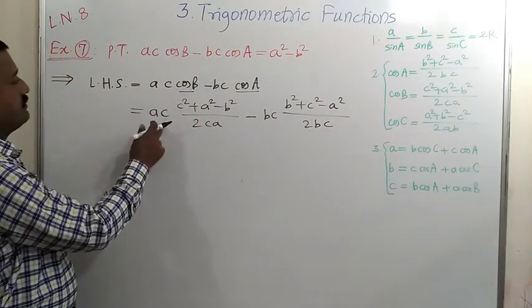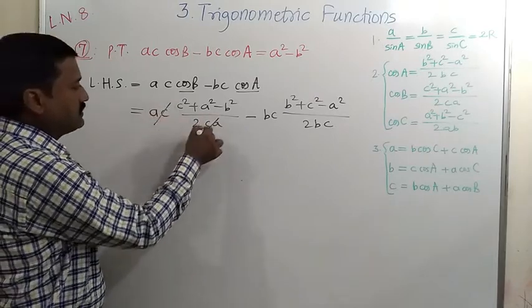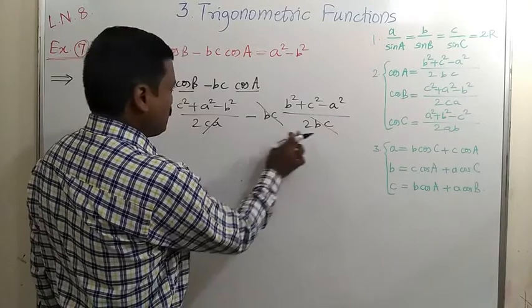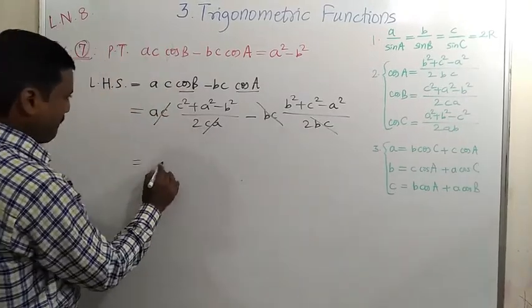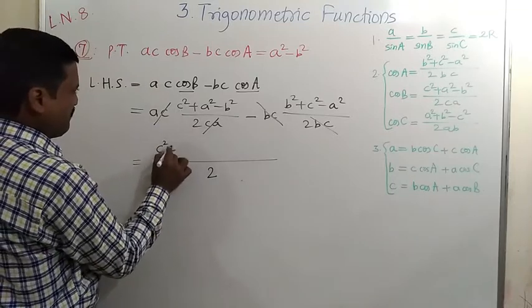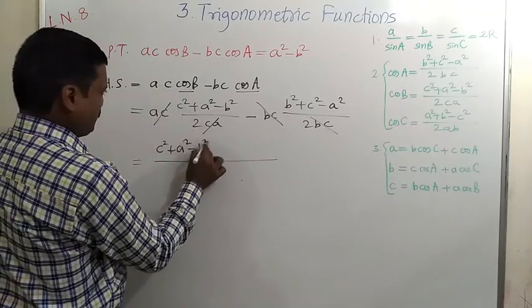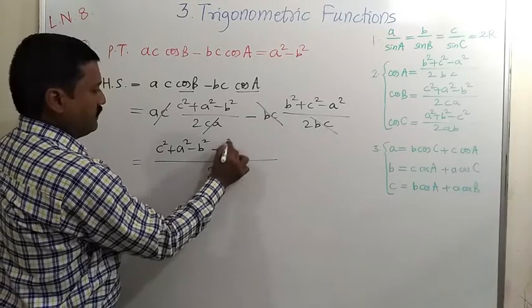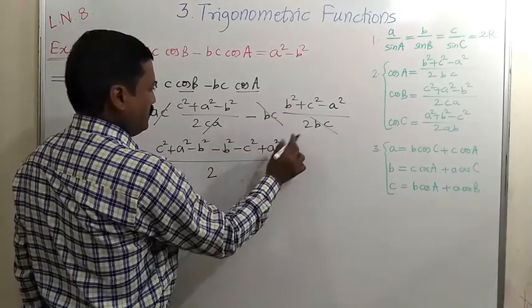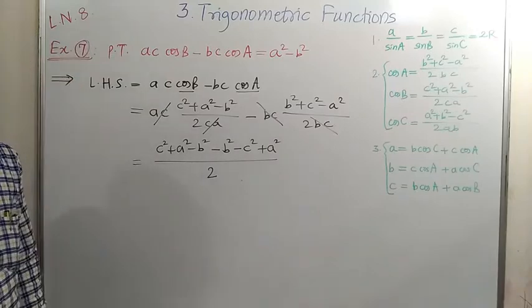Already here AC is given, so this whole AC gets cancelled with this AC. This BC gets cancelled with this BC. So denominator will be 2, and at the numerator we have C square plus A square minus B square, and we get minus B square minus C square plus A square.